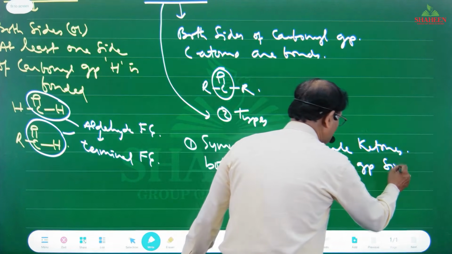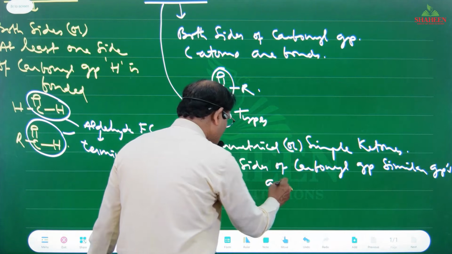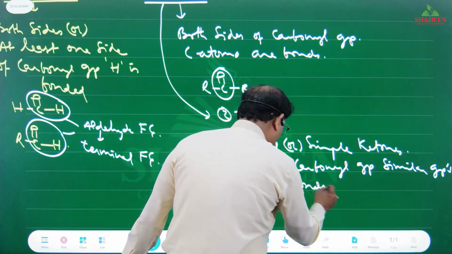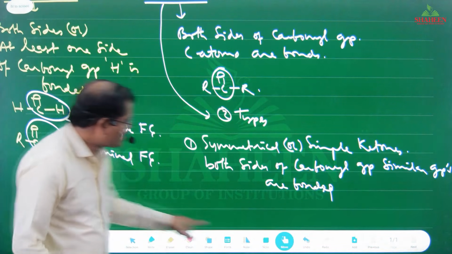When similar groups are bonded, they are called simple or symmetrical ketones.